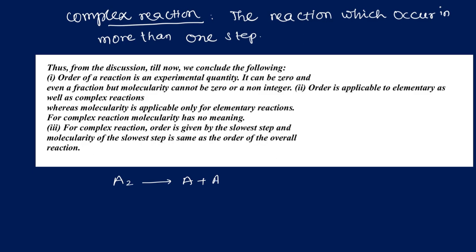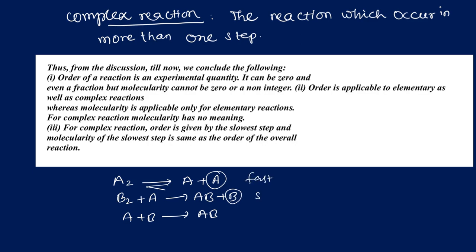Second one, B2 plus this A convert into AB plus B. Next, this A and this B both convert: A plus B convert into AB. This is an elementary reaction. This is, for example, a fast reaction. This is a slow reaction. Again, this is a fast reaction.